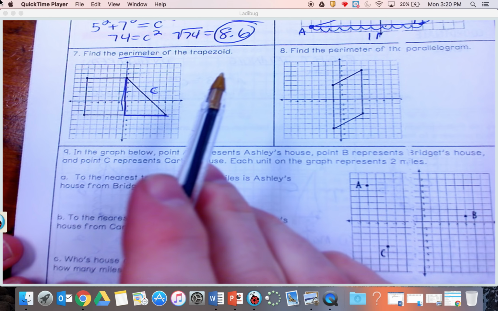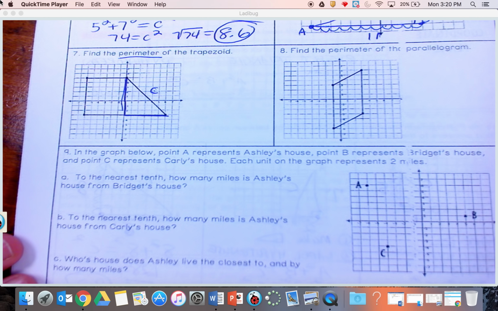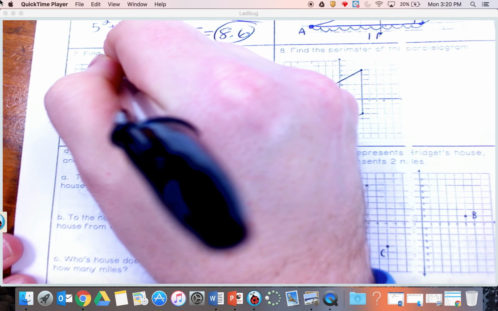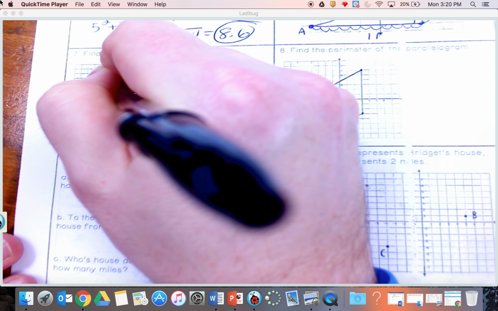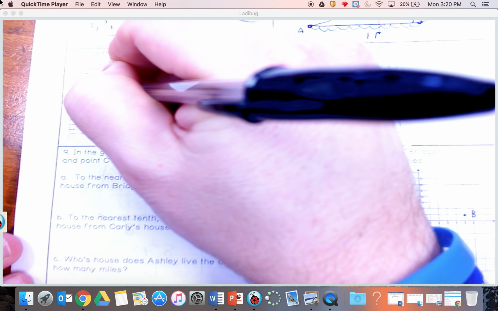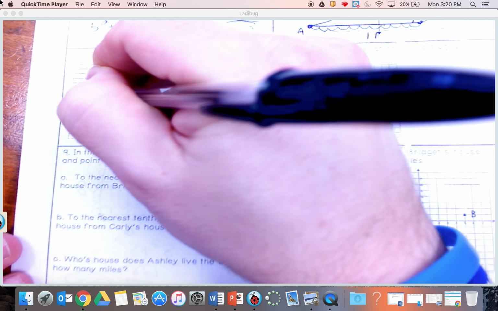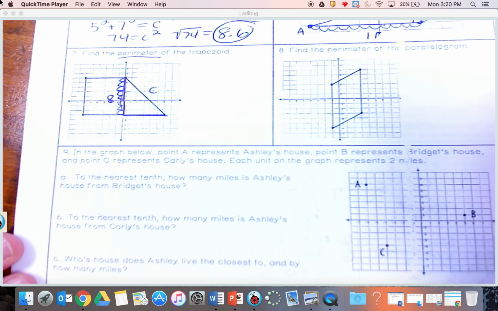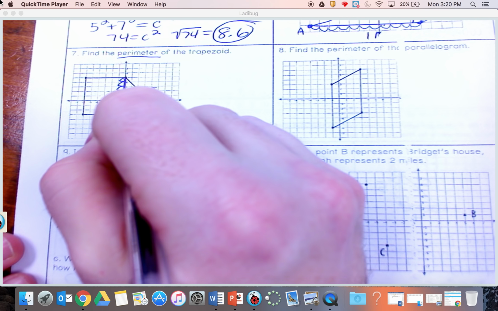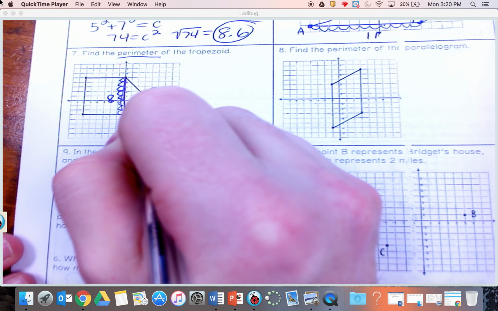So if this side right here, let's find the hypotenuse first. So when I do that here, I've got 1, 2, 3, 4, 5. Make sure I count. 1, 2, 3, 4, 5, 6, 7, 8. So I know that's 8. And then I know this is 1, 2, 3, 4, 5, 6.